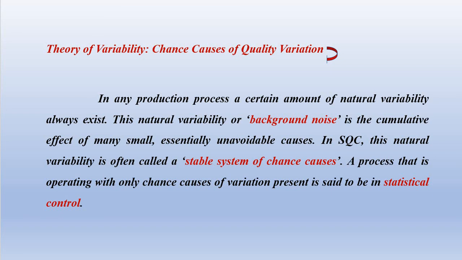This natural variability or background noise is the cumulative effect of many small, essentially unavoidable causes. In statistical quality control, this natural variability is often called a stable system of chance causes. A process that is operating with only chance causes present is said to be in statistical control.